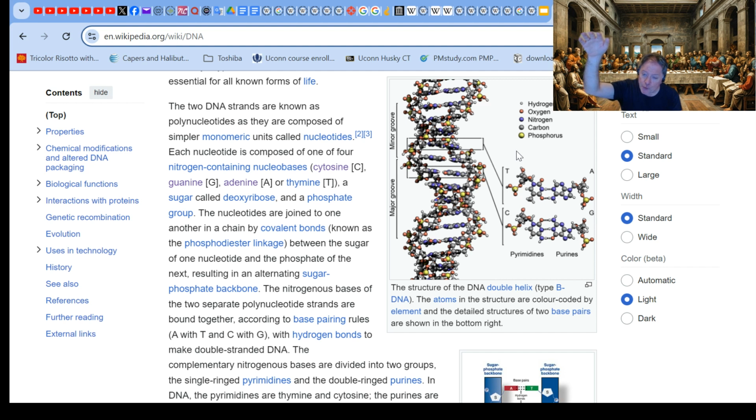And there are 12 species, primary species.